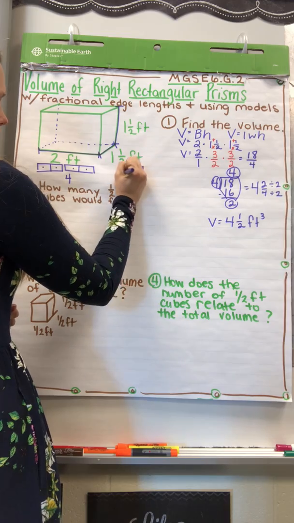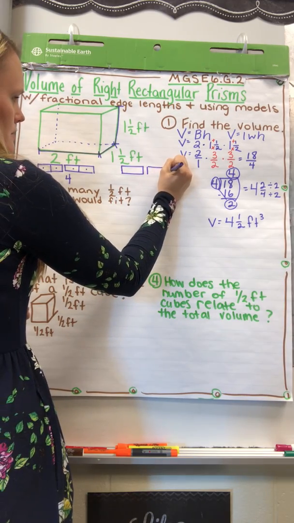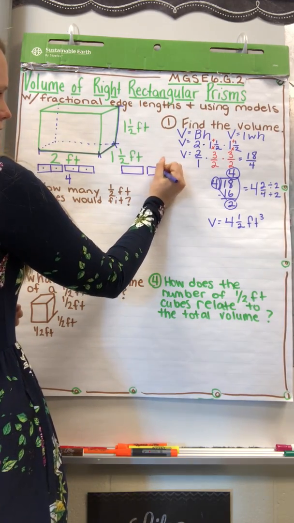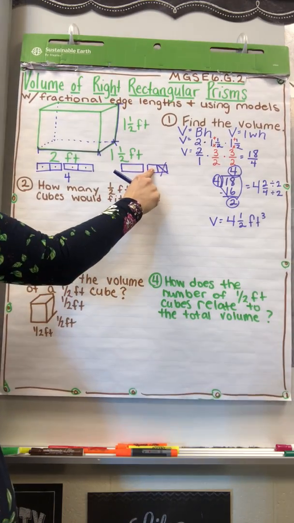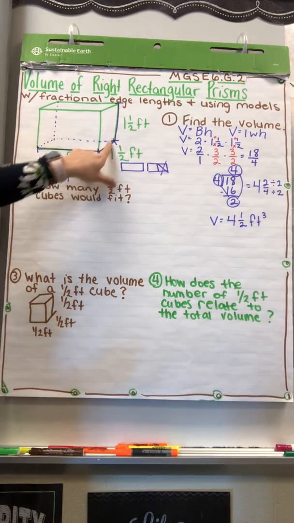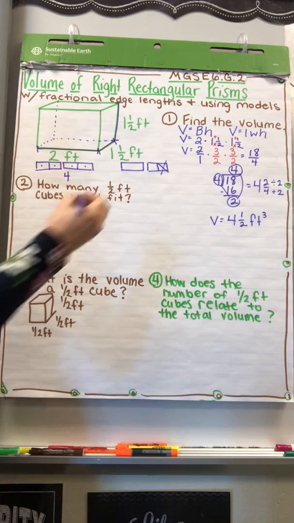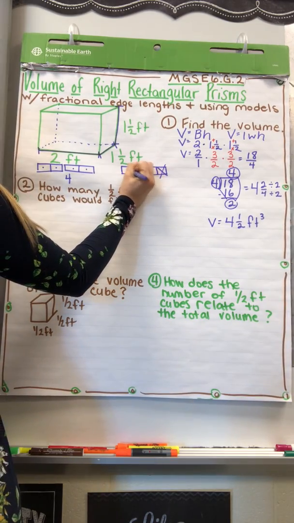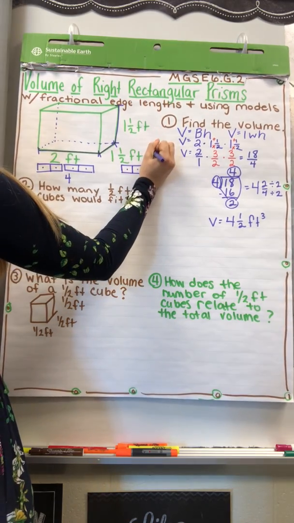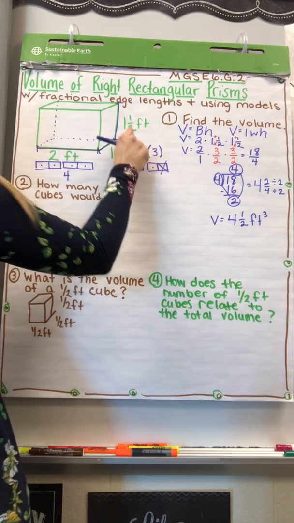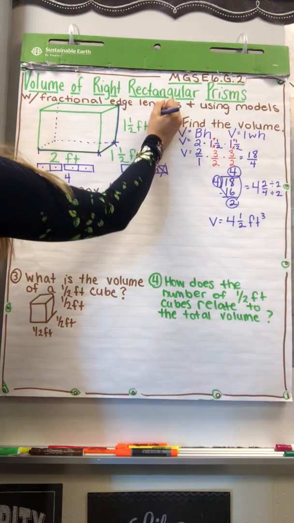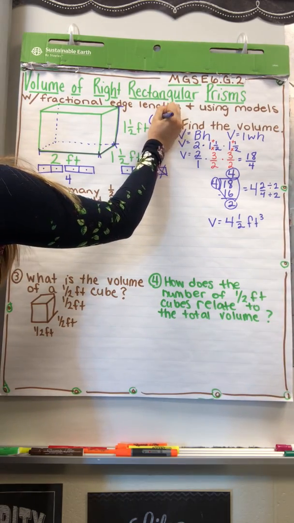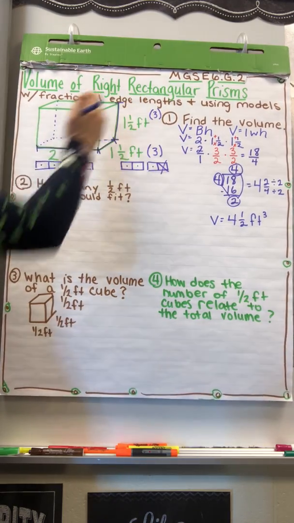There's 1. Draw another one. That one doesn't count, so we have 1 1/2. We want to know how many 1/2 foot pieces can fit here. So we split this in half. So there's 1, 2, 3. Same thing for this 1 1/2. There are 3 1/2 foot cubes that would fit vertically.